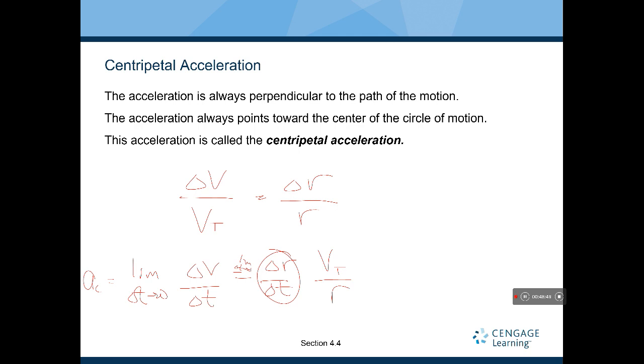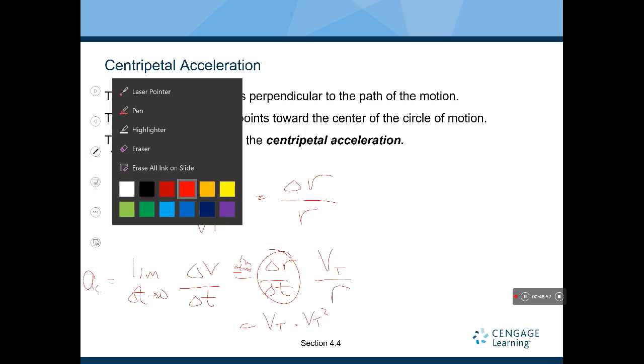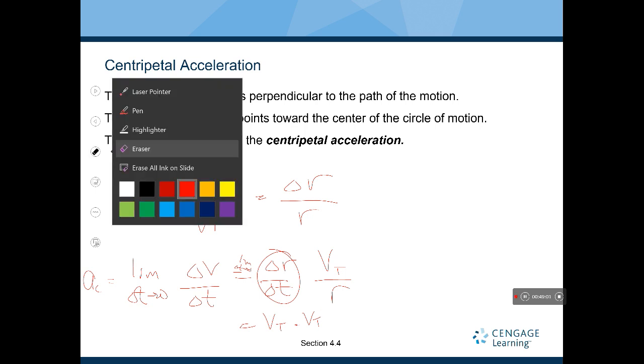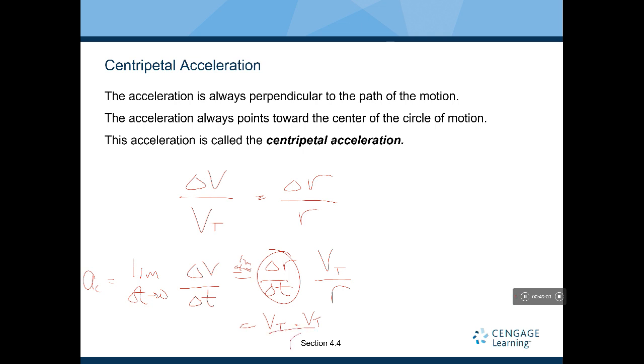That's VT. So we get acceleration centripetal is equal to VT squared over R. I did this explanation last year. I'll briefly go over it unless you, well, do you need me to go over why these match?